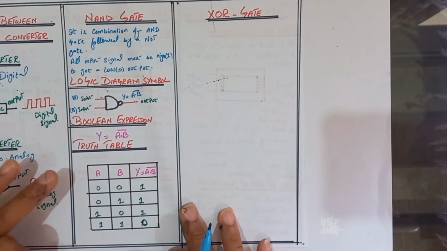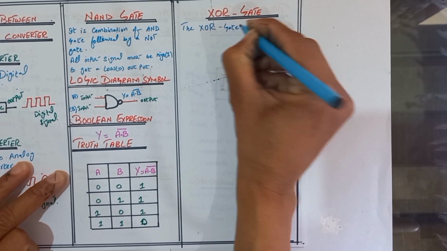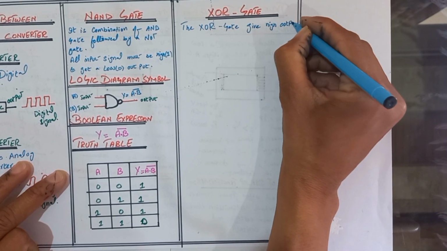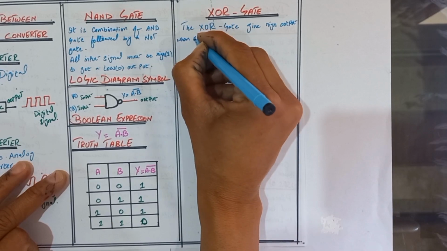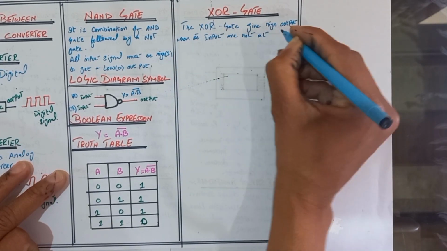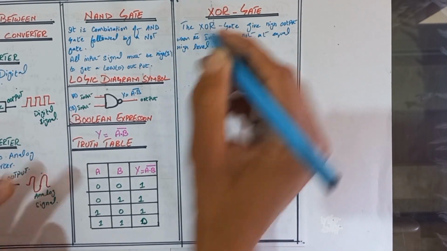Now we discuss the XOR gate. The XOR gate gives a high output when the inputs are not at an equal high level.